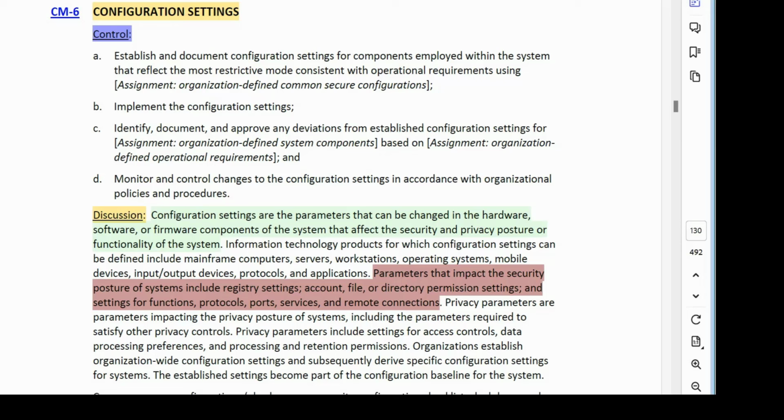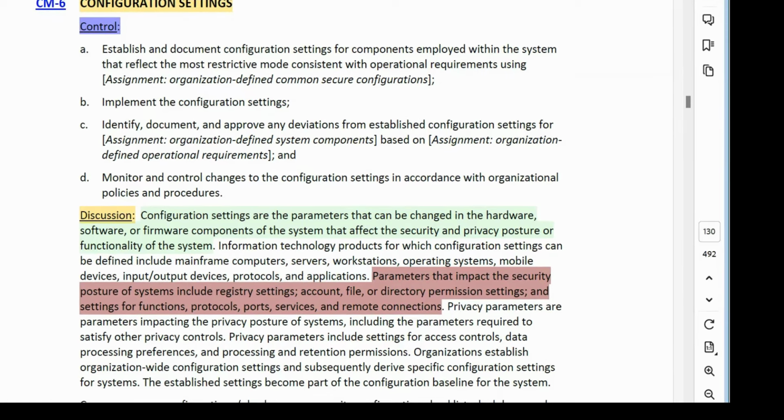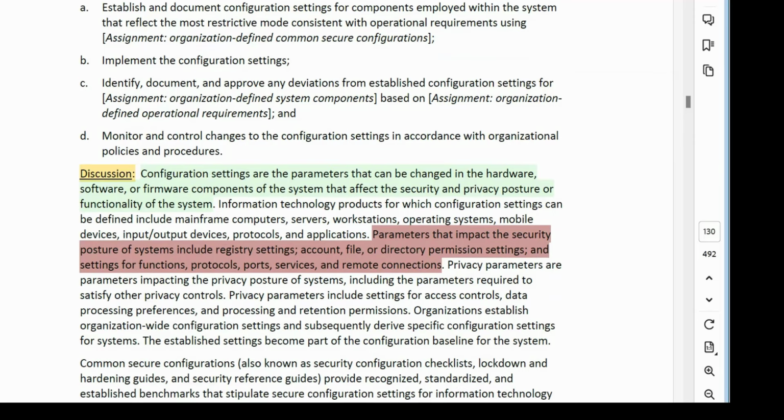B. Implement the configuration settings. C. Identify, document, and approve any deviations from established configuration settings for assignment: organization-defined system components based on assignment: organization-defined operational requirements. And D. Monitor and control changes to the configuration settings in accordance with organizational policies and procedures.